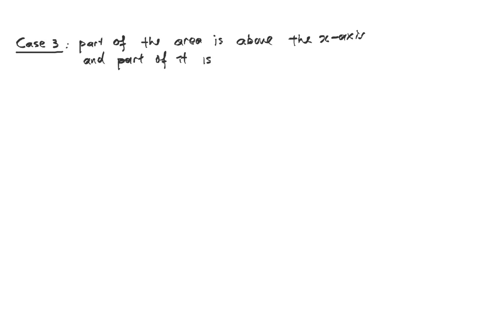Third case is part of the area is above the x-axis and part of it is below the x-axis. So what should we do if we have cases like that? Okay, I'm going to run with the same case.